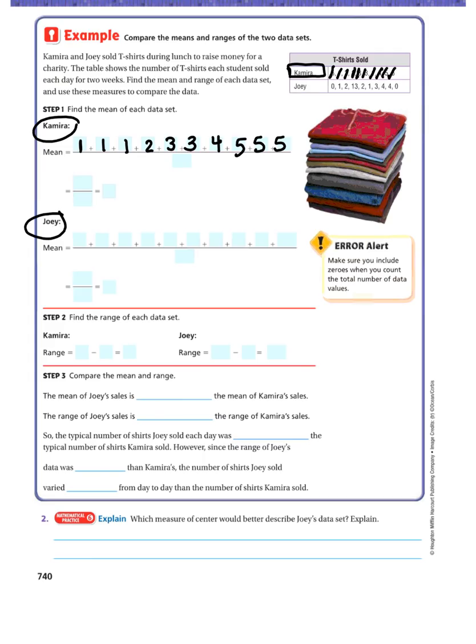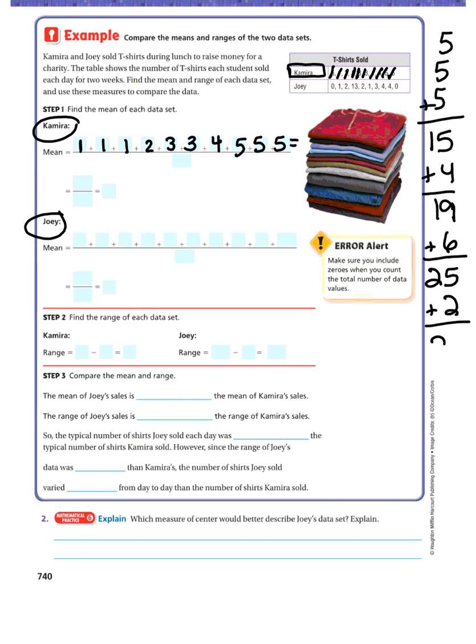Now we add up all of these numbers together. So 5 plus 5 plus 5 is 15, plus 4 is 19. I'm looking backwards. So then 3 and 3 is 6. That's 25. Plus 2 is 27.